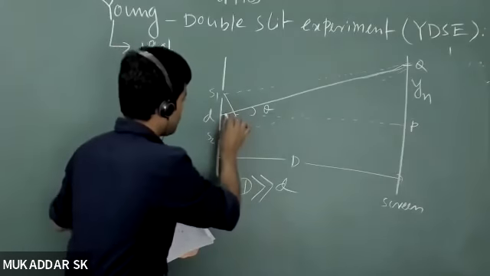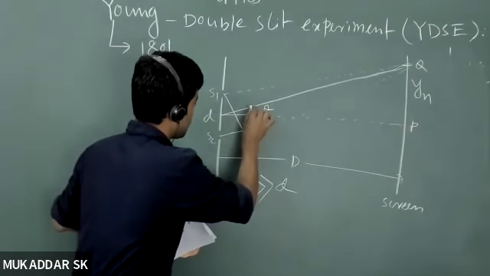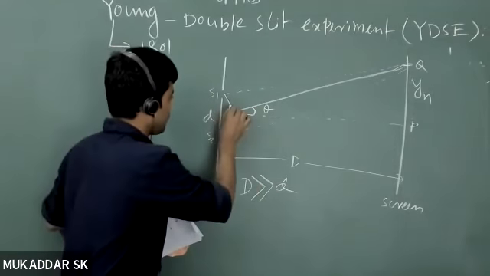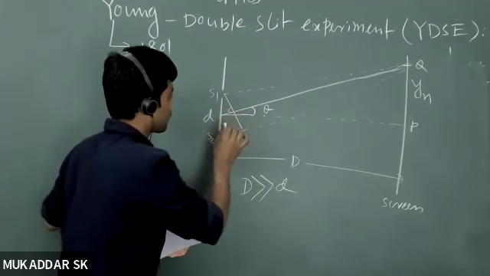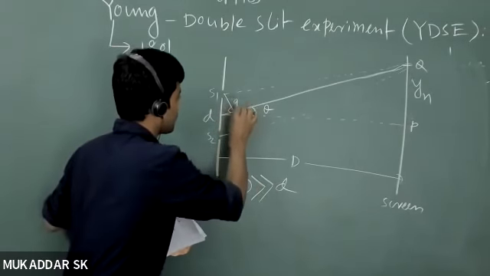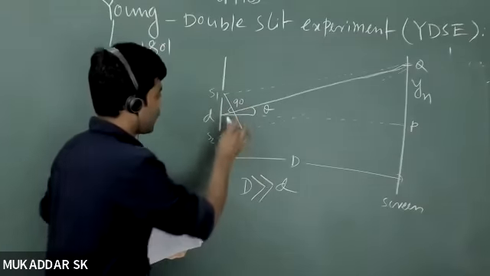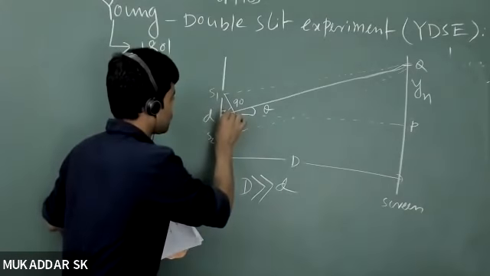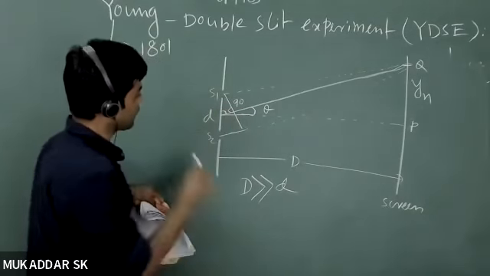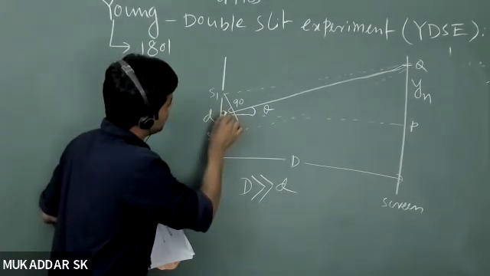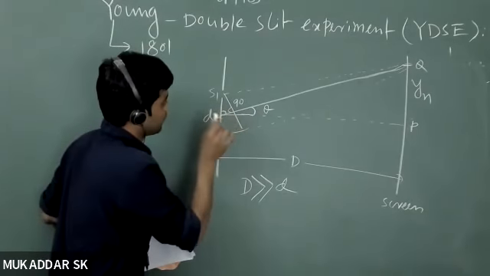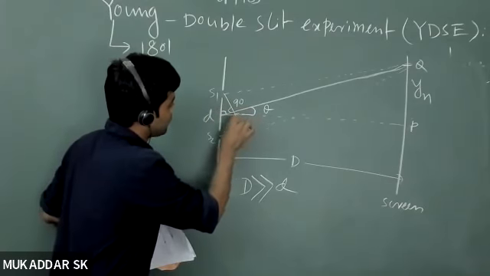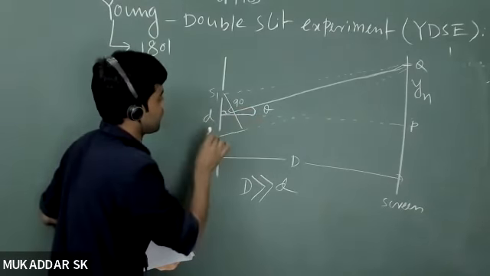Now you know this angle is your theta, right? If you have drawn a perpendicular, obviously this angle will be 90 degrees. Now, if this angle is theta, this will be your 90 minus theta, because the total is 90 degrees.